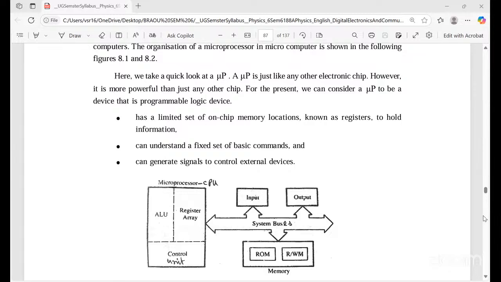It has a limited set of on-chip memory locations, which are known as registers, and which can hold information, understand a fixed set of basic commands, and generate signals to control external devices.